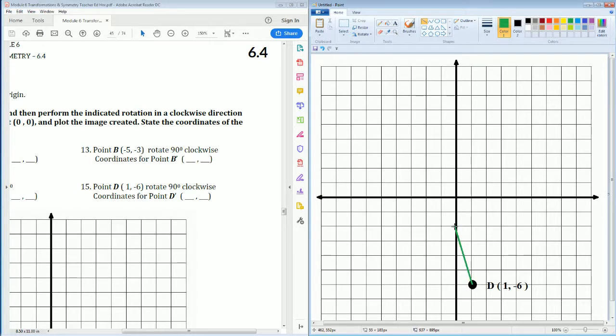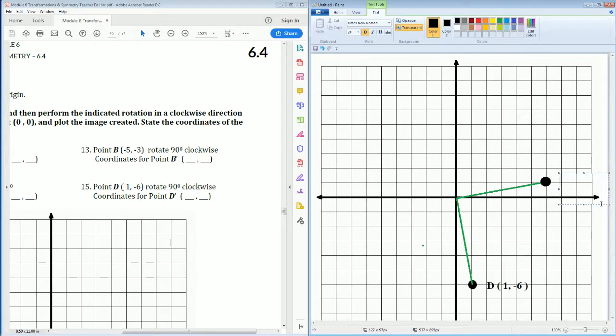We want to do a 90-degree rotation, so again we apply that same rule. We went right 6 and up 1. You see, you went left 1, so up 1. Perpendicular slope. I'll put your dot. And we call that D prime, and that is at the point 6, 1. Okay, good. So there you go.